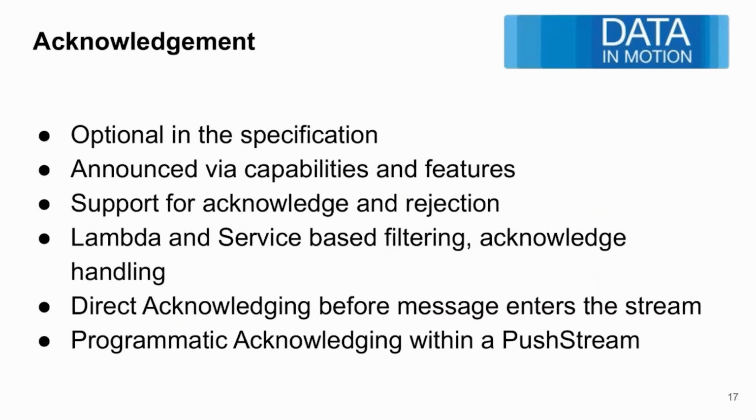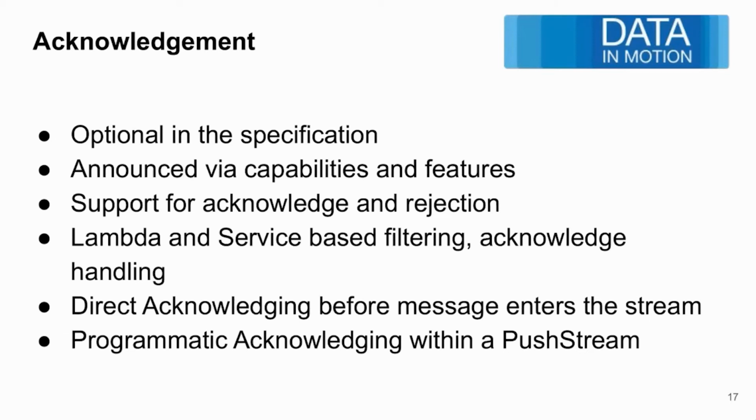So the next part of our optional features is acknowledgement of messages. Messages can be explicitly accepted or rejected, where rejection is quite different from simply not acknowledging a message. A rejection can mean a redelivery of a message in a messaging system. So this is usually protocol or implementation specific.